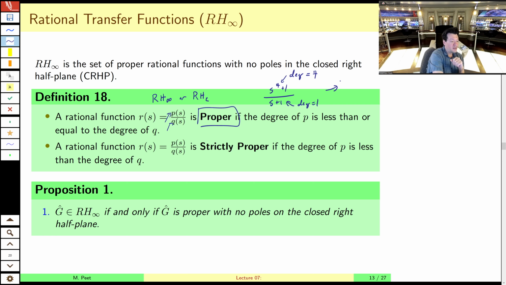Because the degree of the numerator is greater than the degree of the denominator, this is not proper.